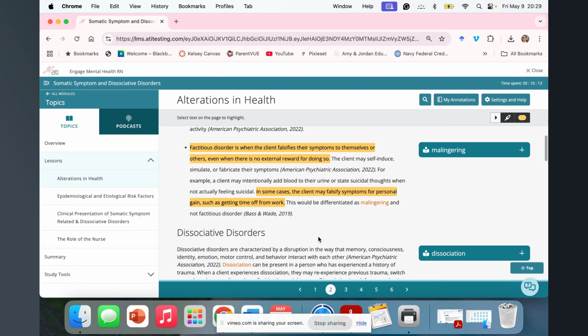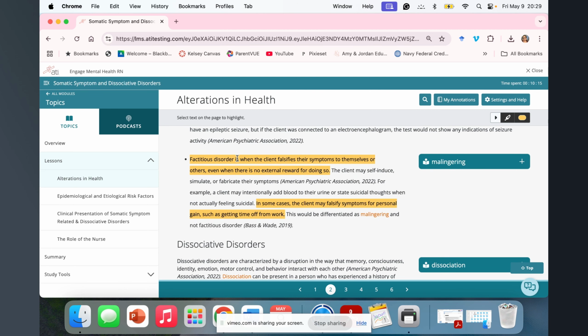Okay. This is not factitious disorder. People with factitious disorder, they don't want anything. They're just doing things, okay? Patients that are malingering, they're doing things for personal gain.